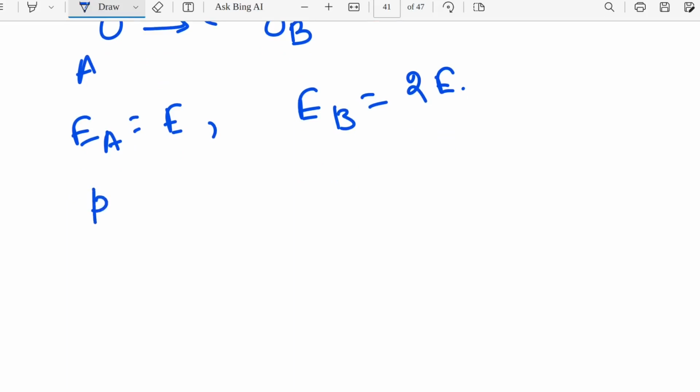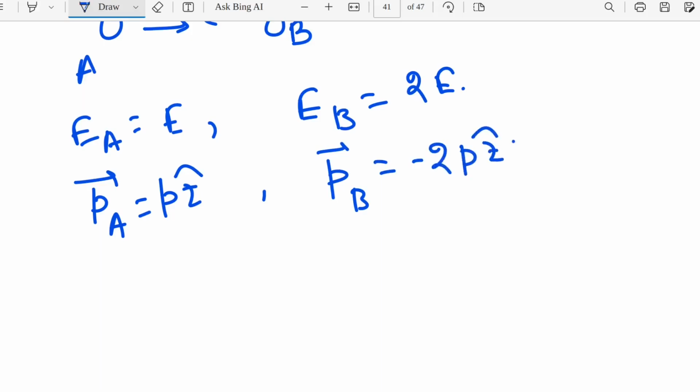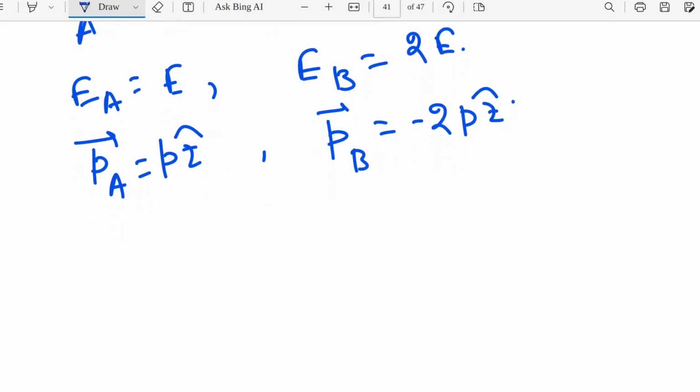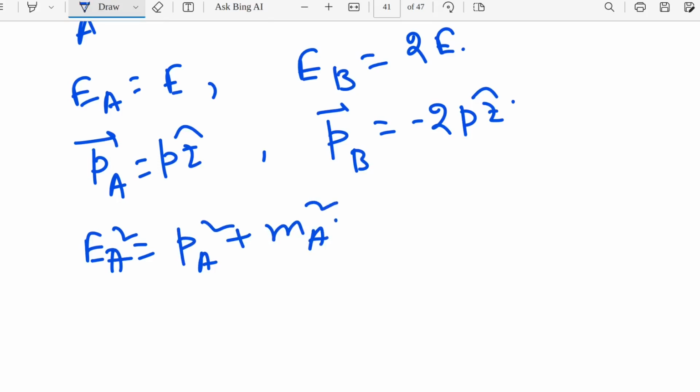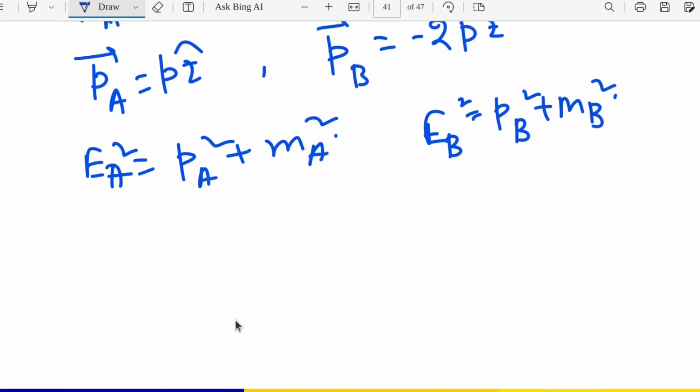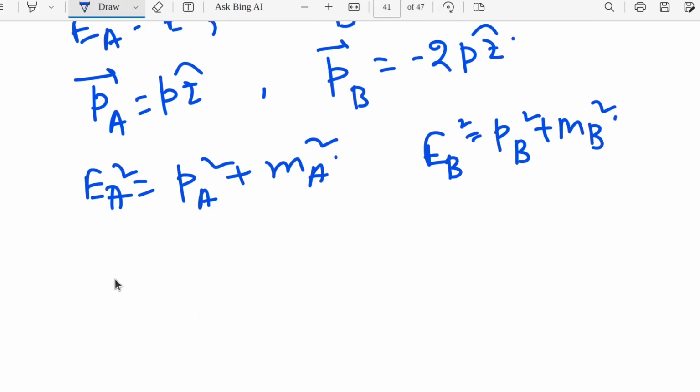So if PA is PZ cap and PB is minus 2PZ cap, then we can simply write from the mass energy relation of the Einstein equation, EA square will be PA square plus MA square, right? Similarly, EB square equals PB square plus MB square, and we have to calculate the relation between MA square and MB square.